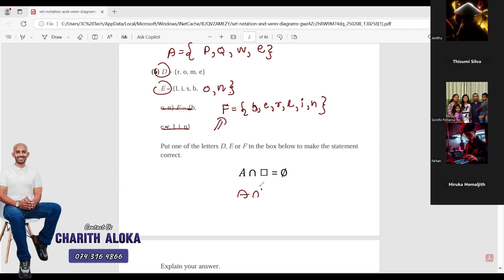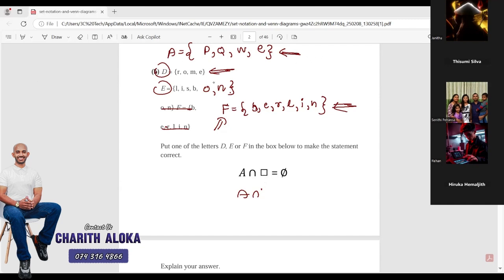You can see here there are common elements for A and F, and there are common elements for D and A also.